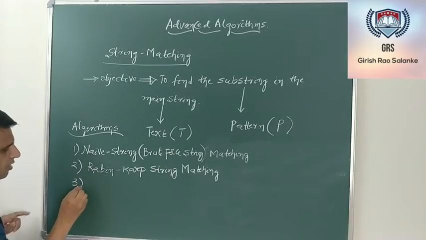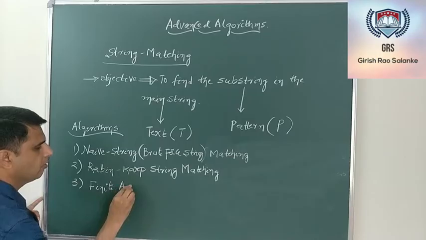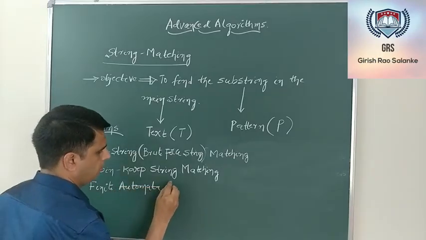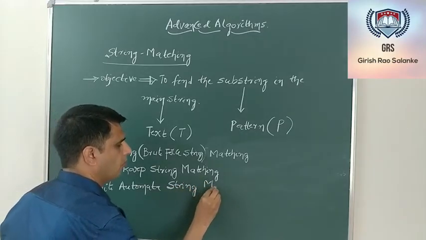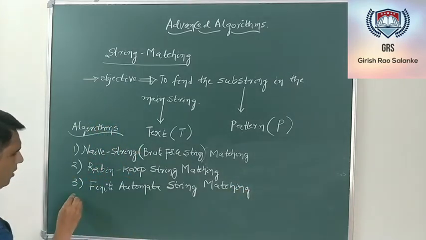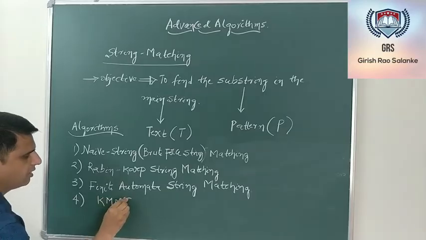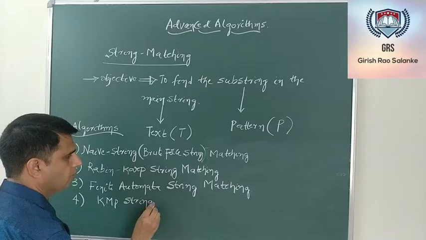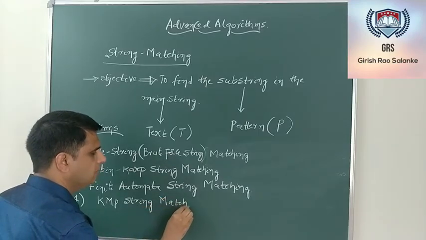Third one is finite automata based string matching. And KMP string matching, which stands for Knuth-Morris-Pratt string matching algorithm.